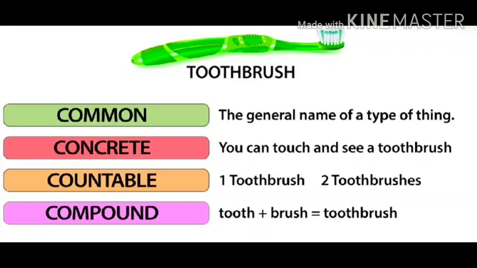And it can be a countable noun because we can count one toothbrush, two, three, four, like we can say. And at last it can be a compound noun also, because tooth plus brush, toothbrush, two nouns written as one word, so it's a compound noun. So here we can know that a noun can belong to more than one type.